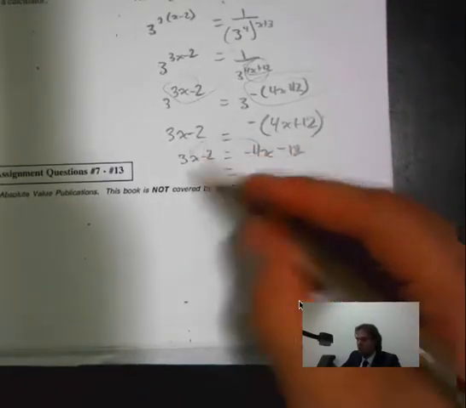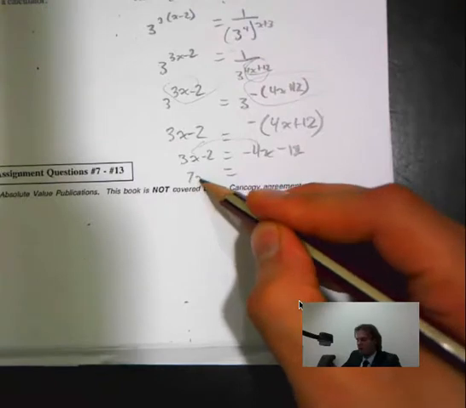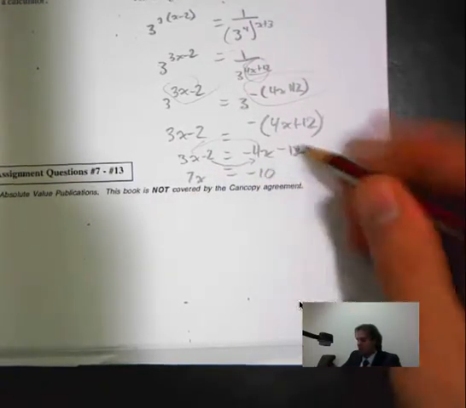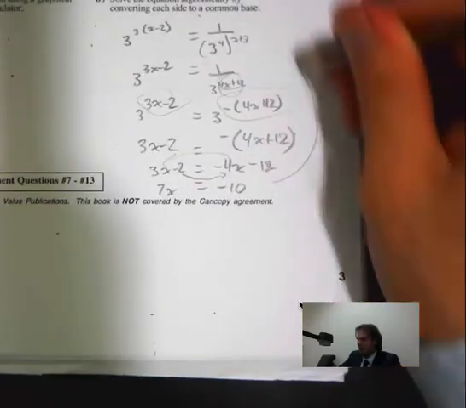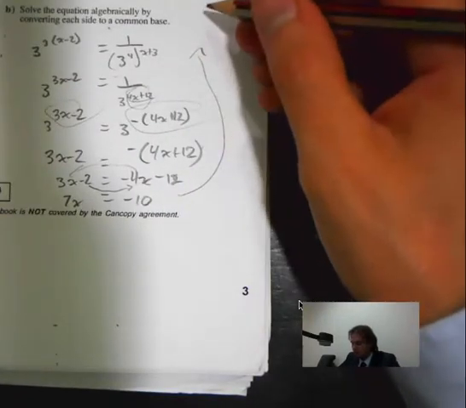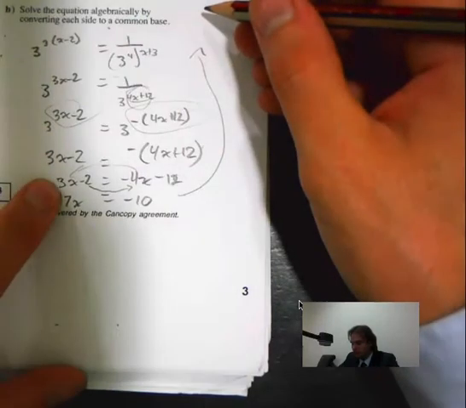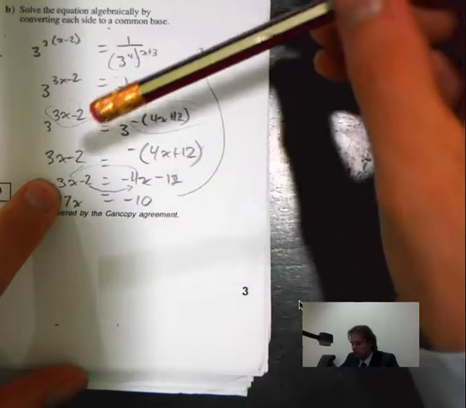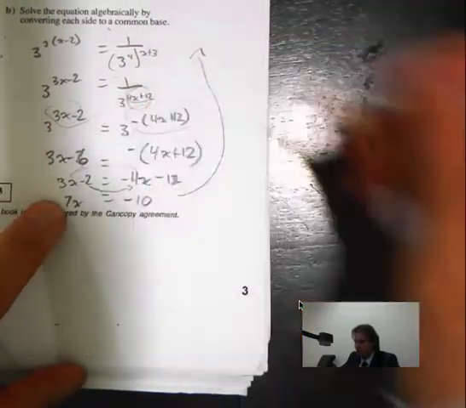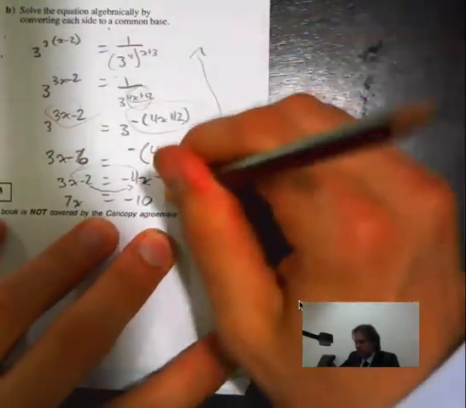I put this to that side. So I'm going to get 7x. Now I have to move this 2 to that side. I'm going to get negative 10. So then go back up here. Just wait, make sure I'm doing it right. 4x, 3x. This is supposed to be a 6. Whoops. My mistake.